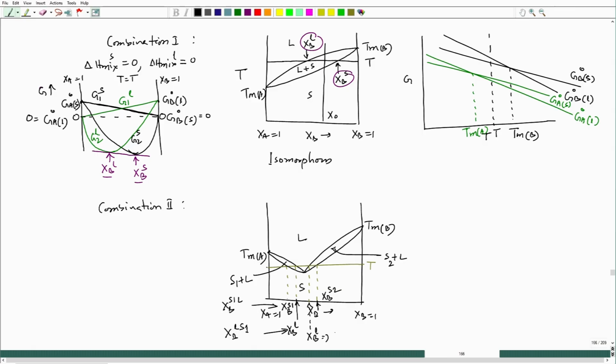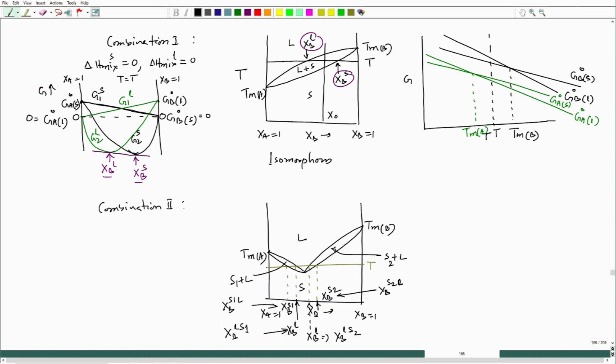This one can be written as XB of liquid in equilibrium with S2, and this one can be written as XB of S2 phase in equilibrium with liquid. Okay. So, that way one can distinguish the composition of the phase, and with what phase that composition will be in equilibrium. That way one can also identify those compositions.